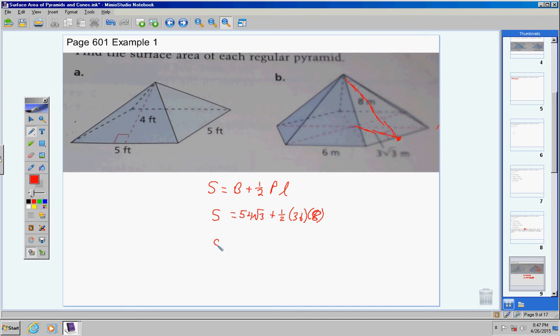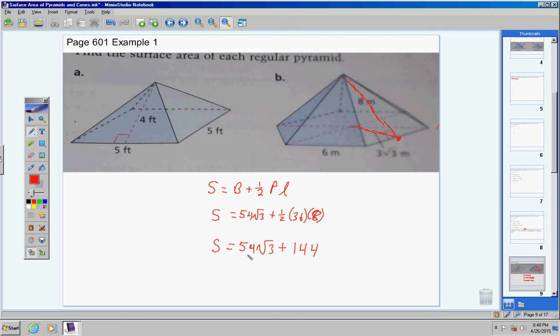So with a calculator now, you would have 54 square root of 3 plus 144. I believe I did that in my head, but I think that's correct. I hope that it is. So 144.